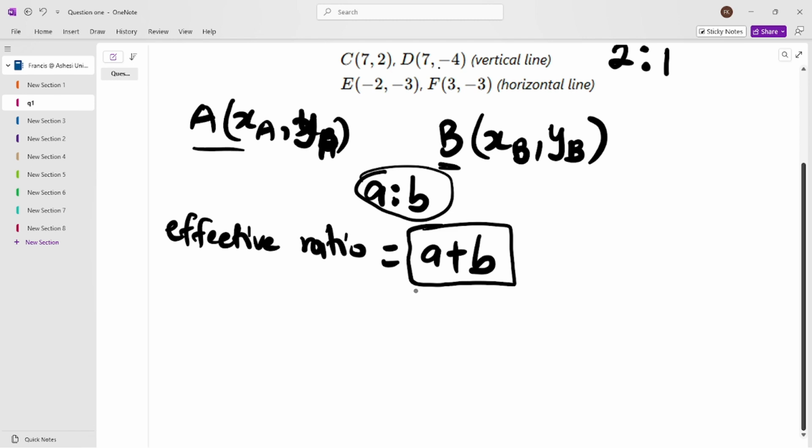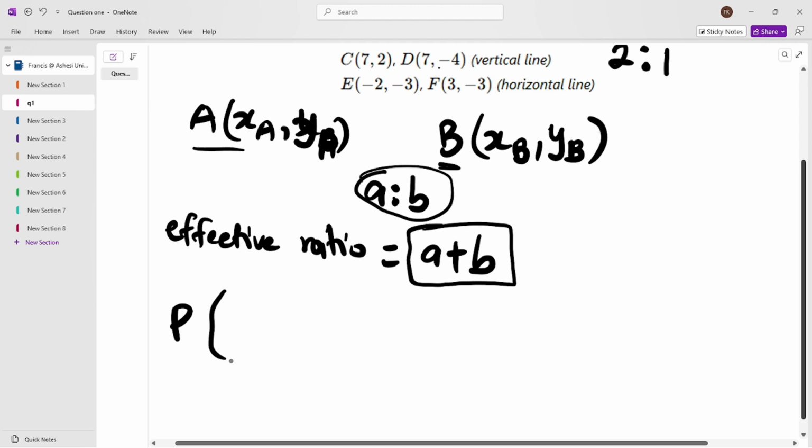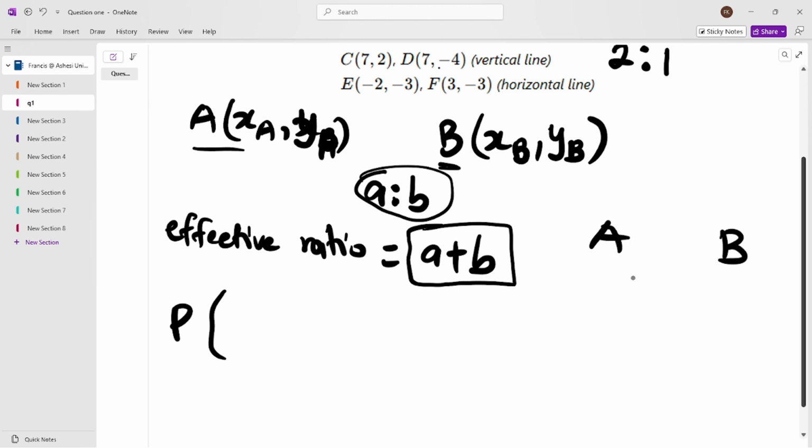When you are done finding the effective ratio, let's say the point P is here. We need to find the x and y value for this particular point. So a fraction is going to happen, something nice is going to happen here. This is the line segment AB, going from here to here, and it is divided in the ratio A is to B, for example.